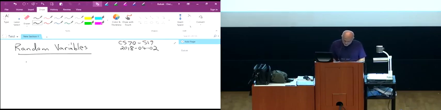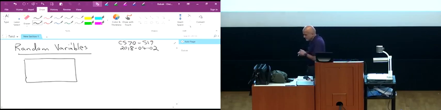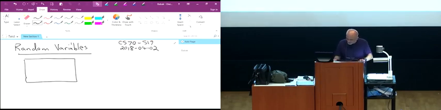So let me just draw. The interesting thing about random variables is that they're neither random nor variables. They are actually functions. So if this is my sample space, and let's say I have a discrete sample space, that's how we're going to start most of our discussions until we get to continuous random variables.